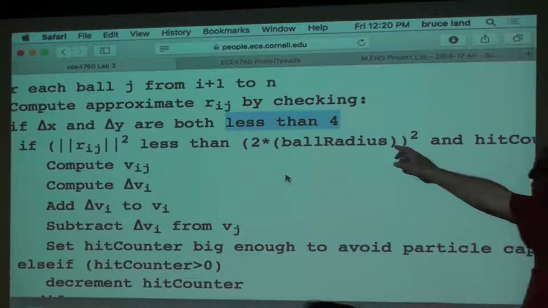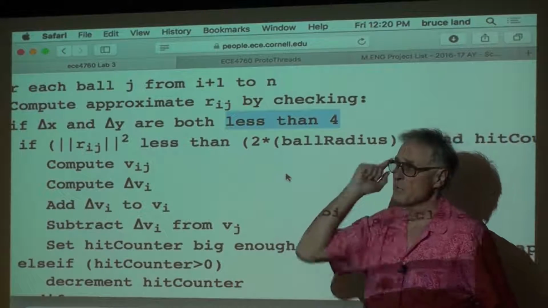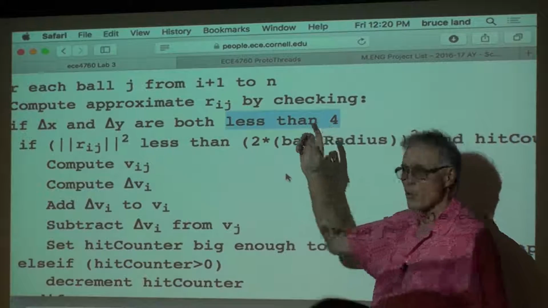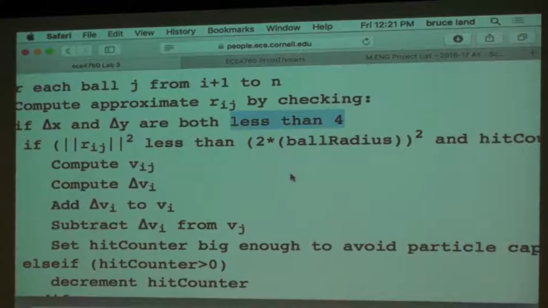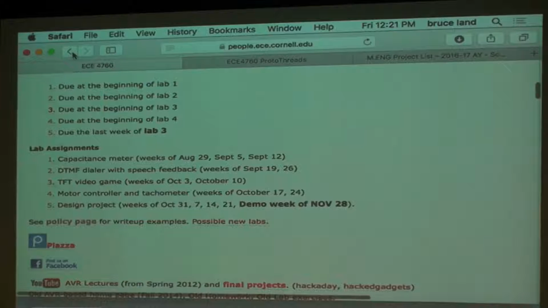So the condition was overly restrictive, and so collisions were missing. That should be 4 because that's 2 radii. And that's the basic collision condition. So there was an error. It is now fixed in the pseudocode.